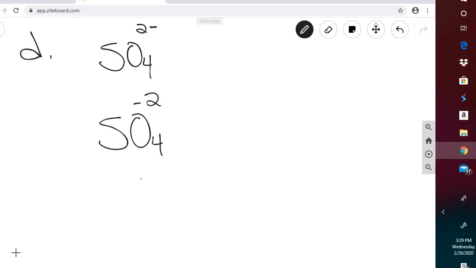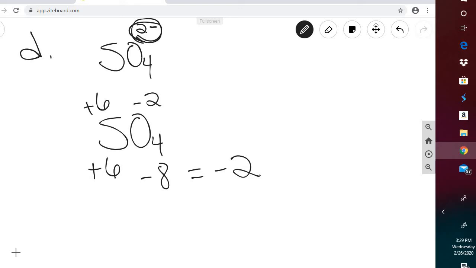So that's -8. And the whole molecule has to have a charge of -2. So that would mean that the sulfur would have a charge of +6, because +6 minus 8 is going to give you that overall charge of -2.